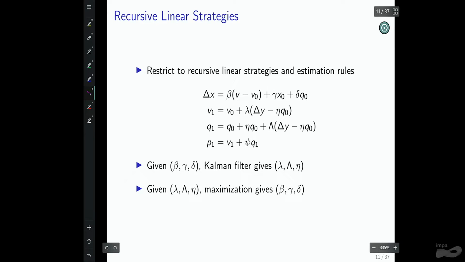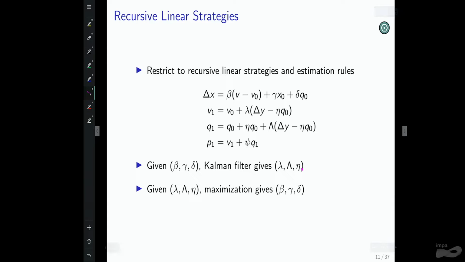We're going to restrict ourselves to recursive linear strategies. So in particular, we want all of the strategic behavior to be based linearly off of the underlying variables. This form of the problem is tractable but not complicated, okay? And the general idea here is that if I give you the 3 constants which dictate the trading strategy, then the standard Gaussian projection theorem or the Kalman filter gives the 3 constants which determine the pricing rule.